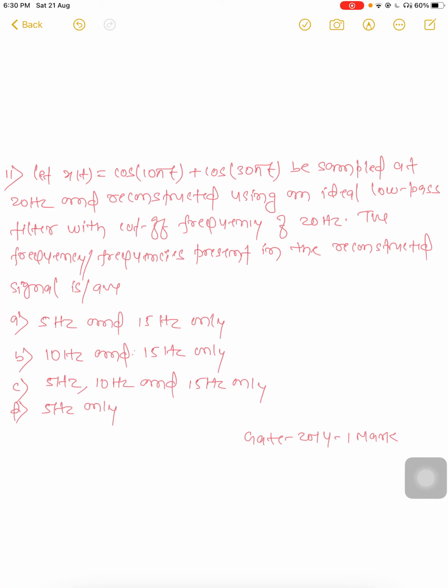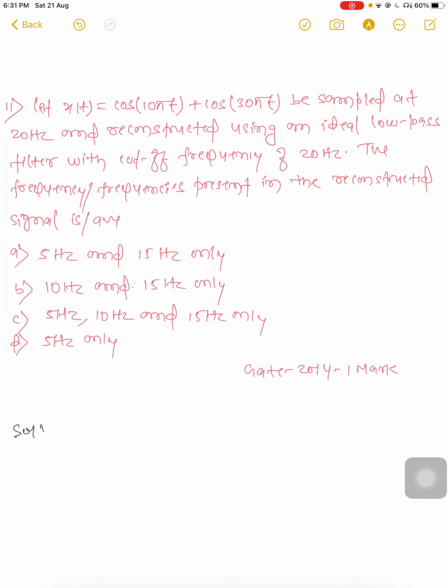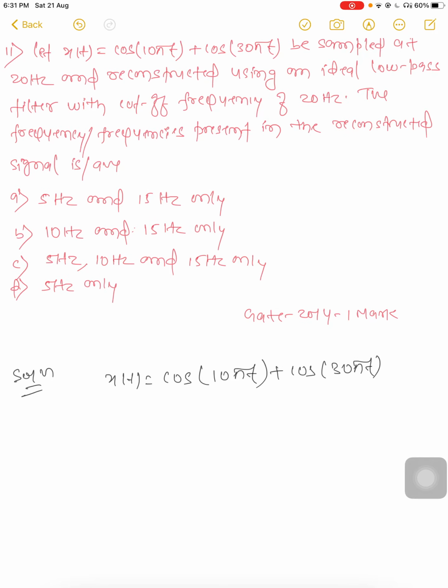Let x(t) equal cos 10 pi t plus cos 30 pi t be sampled at 20 Hz and reconstructed using an ideal low pass filter with cutoff frequency of 20 Hz only. The frequencies present in the reconstructed signal are? x(t) is given as cos 10 pi t plus cos 30 pi t.